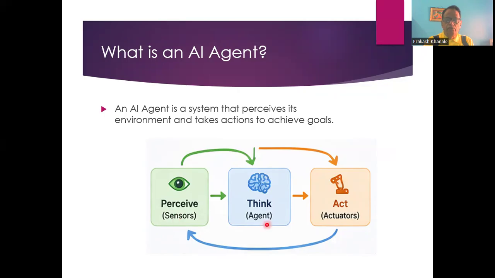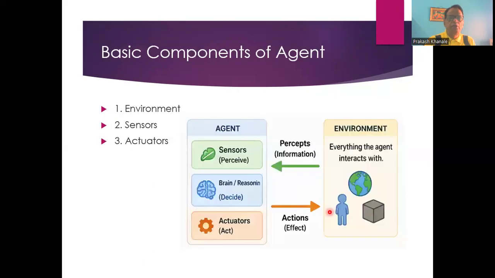Then there are agents which have a process of thinking and decision making, and then the action will be performed by making use of actuators. So these are the three basic components of agentic AI. Environment is there, sensors are there, and actuators are there.